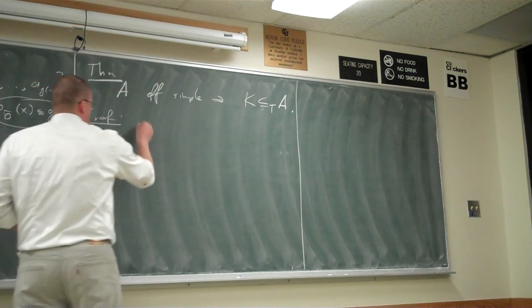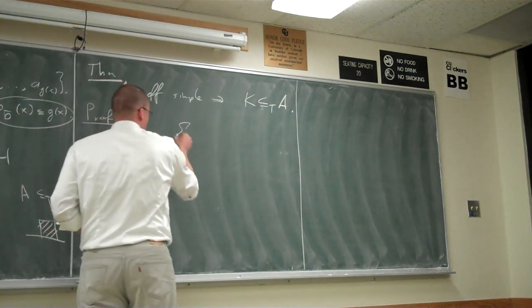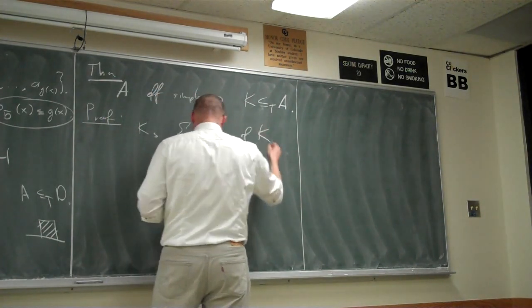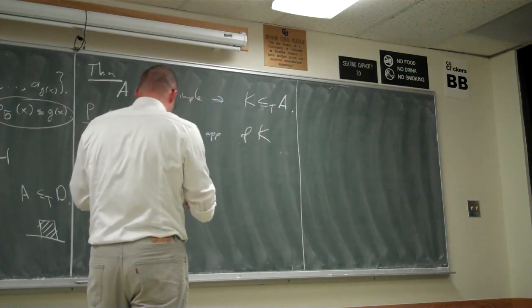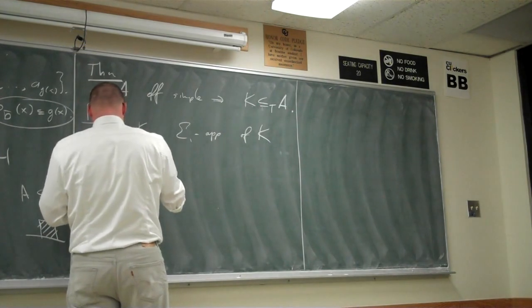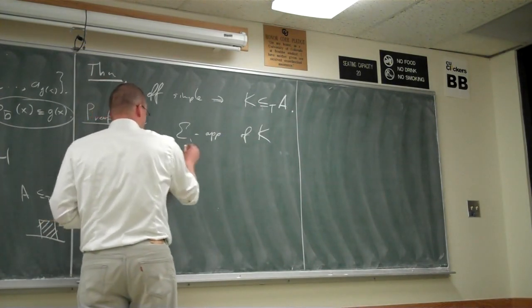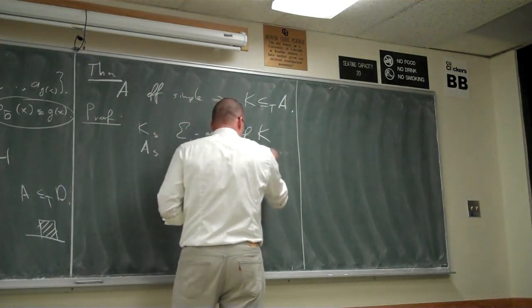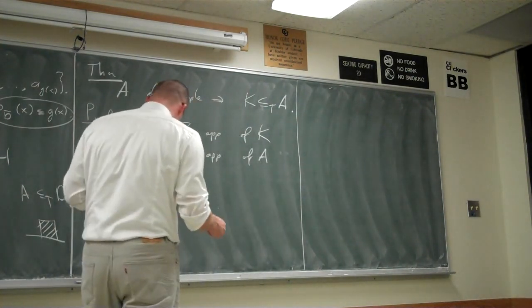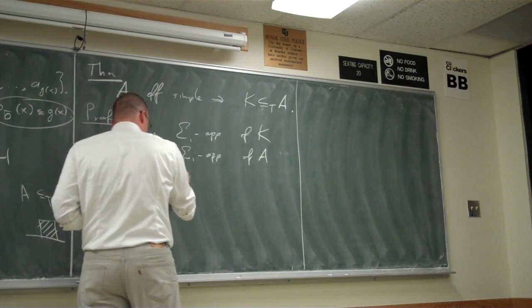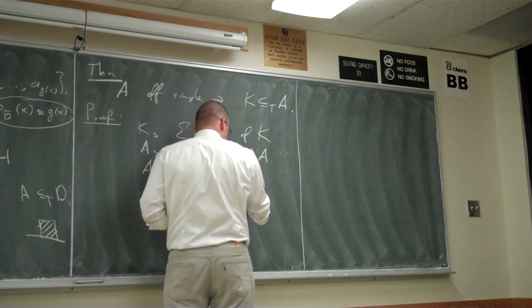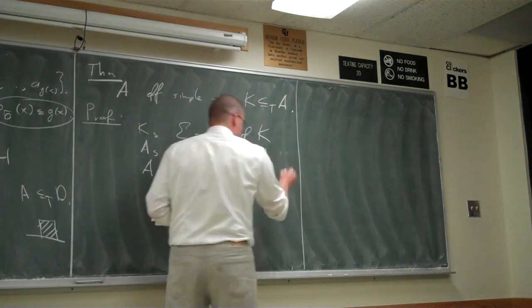Proof. Okay, we have Ks, a sigma 1 approximation of K. We have As, a sigma 1 approximation of A. A is effectively simple by f.